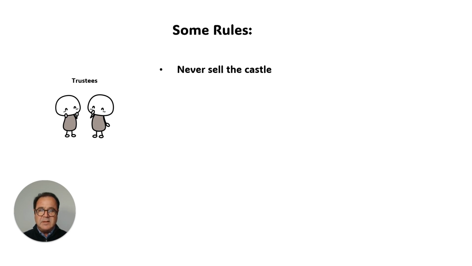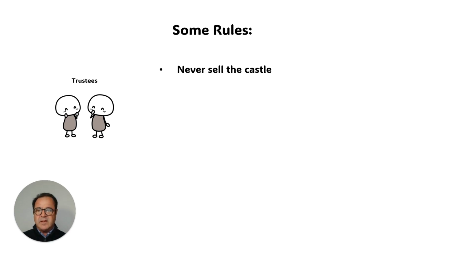But you have to keep a little bit of an open mind, because you don't know what's going to happen. It seems logical never to sell the castle now, but who knows what the future holds. So maybe you need a rule, but then maybe you need some kind of exception.